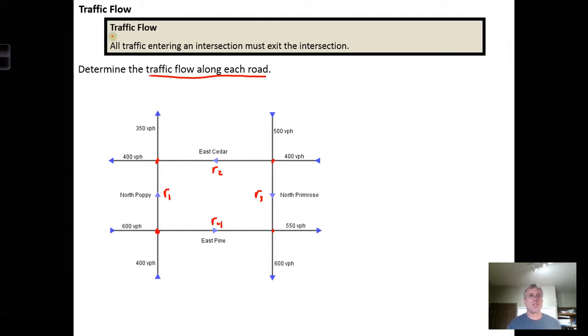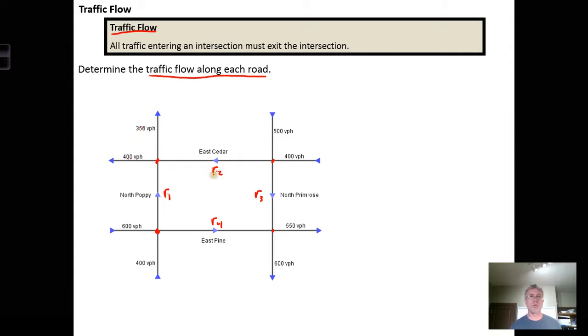Then we use the basic idea that if traffic comes into an intersection, it has to exit the intersection. Here, for example, road 1 and road 2 each flow into this intersection, and we have cars flowing out of it. The total number of cars exiting has to equal the total number coming in.